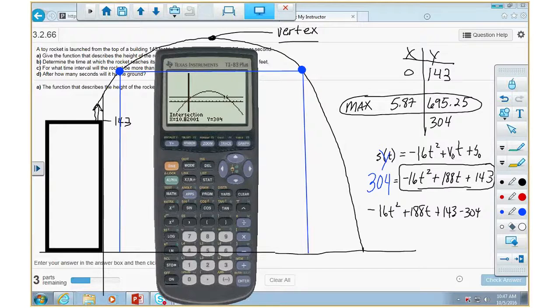Somebody take 143 minus 304, and you have negative 16t squared plus 188t. What does that come out to be? Negative 161. And now you can do complete the square. So that's algebraically.